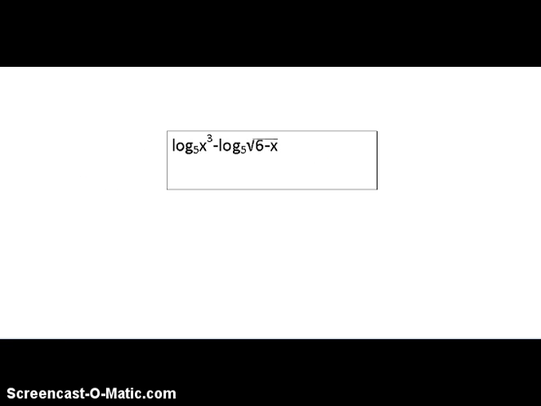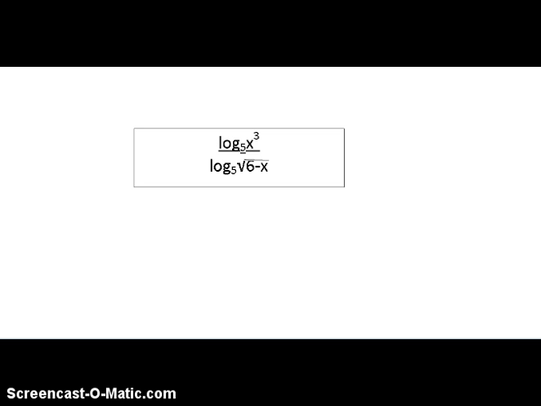Then, it should first look like this, but then, because it is a subtraction problem, you have to divide the first log by the second, and that should look something like this. And this would normally be able to be used as an answer, except you shouldn't have a square root in the denominator.